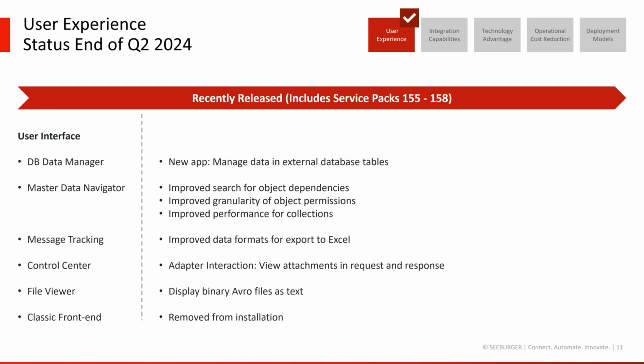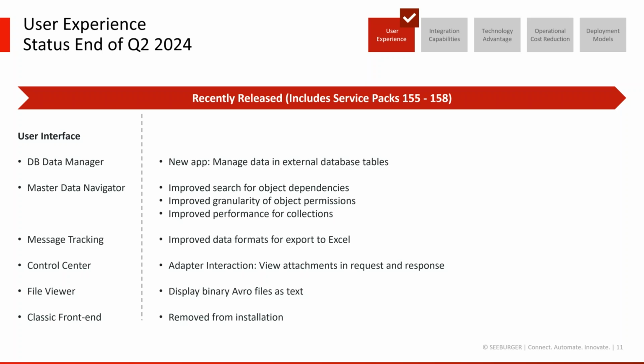We have improved the granularity of some of the object permissions so that it's easier to have some users, for example, set up certain partners like AS2 partners, but not have them also access more global settings like listeners or AS2 identities. So it allows you to limit the permissions to what they actually need and not give them too broad of an access.